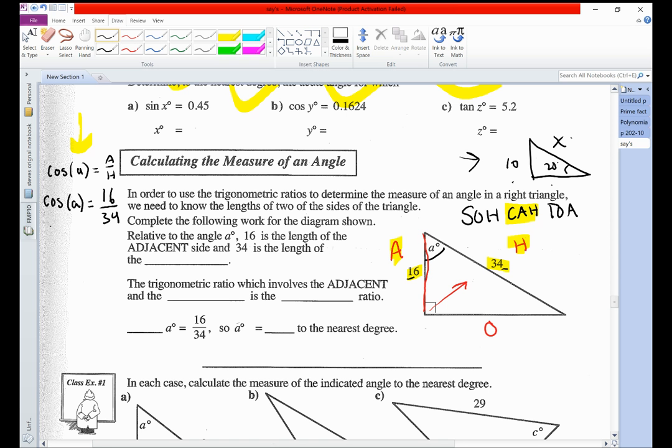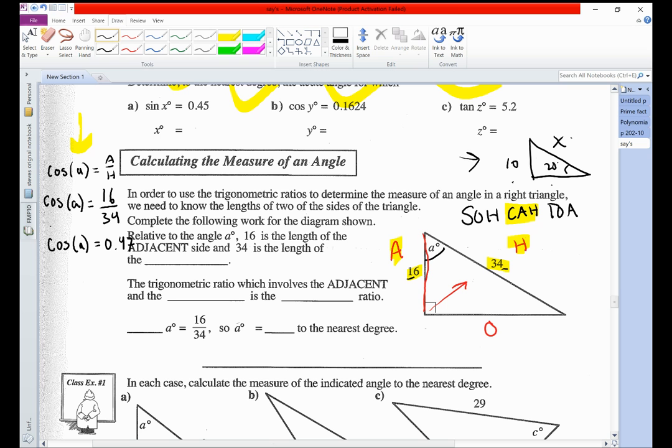You can figure out what 16 divided by 34 is. Let me pull up my handy dandy calculator here. 16 divided by 34, and cos of A is equal to 0.47.